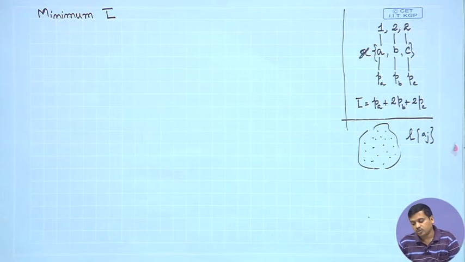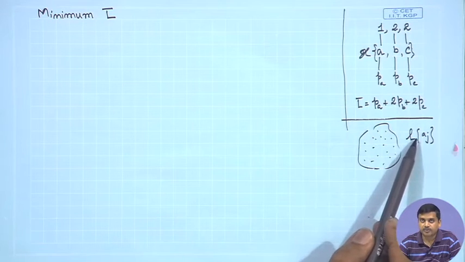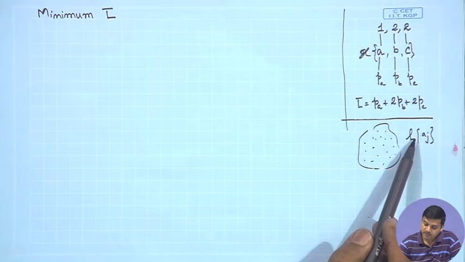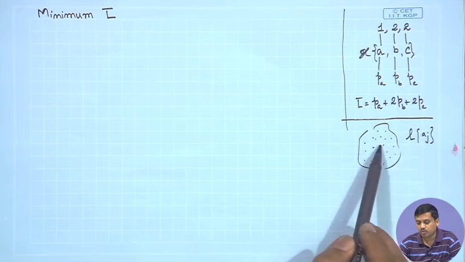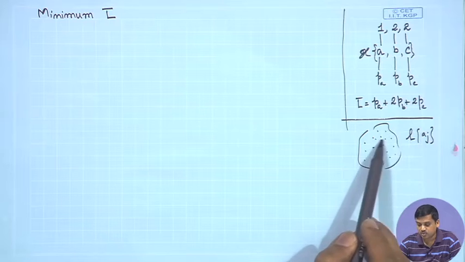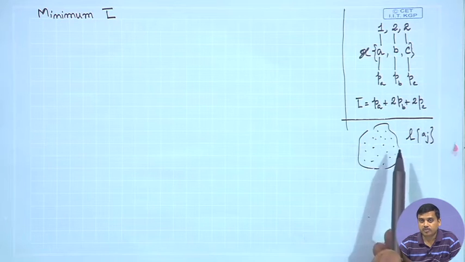When we say that L bar is the average length for a particular mapping, what we are interested in is, amongst all possible mappings of lengths to code words, which particular combination gives us the minimum, or rather what is the minimum value.